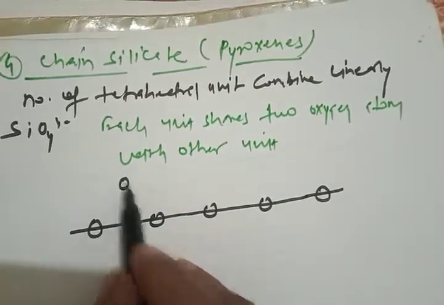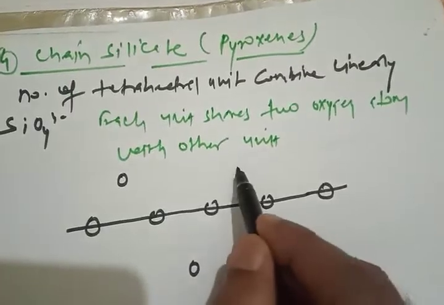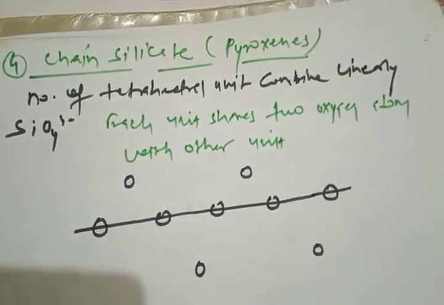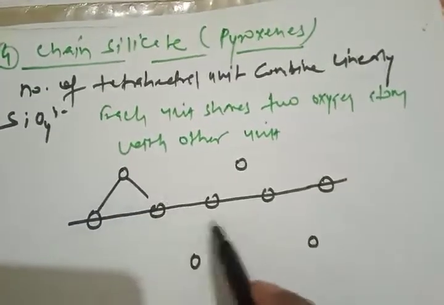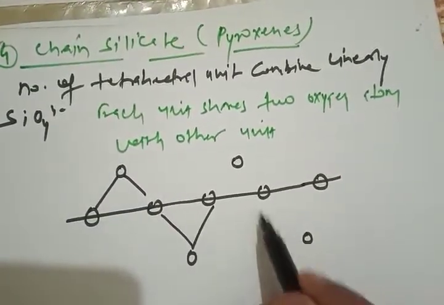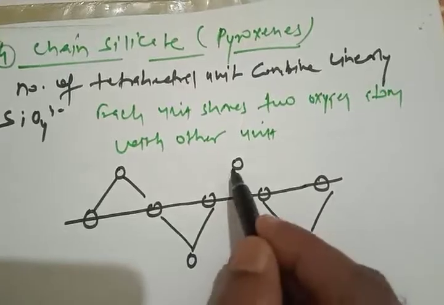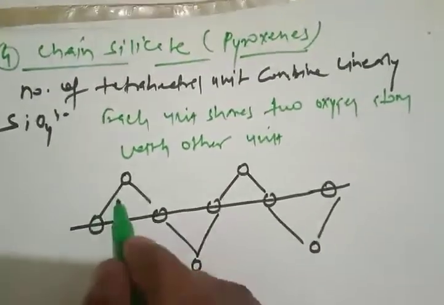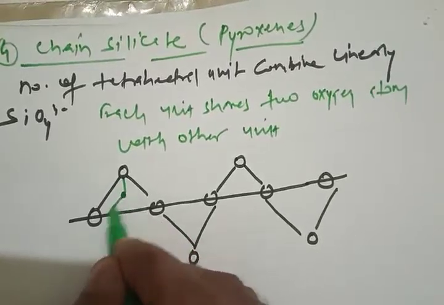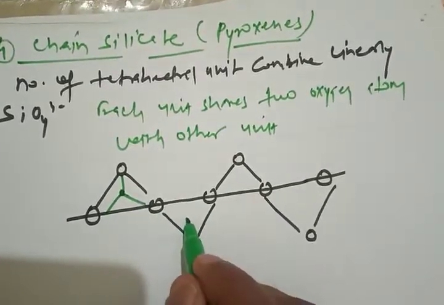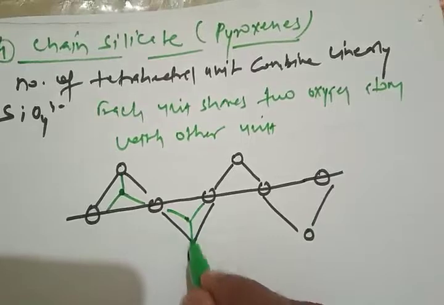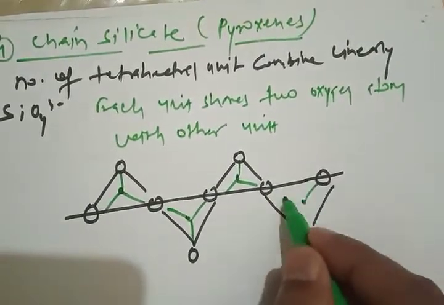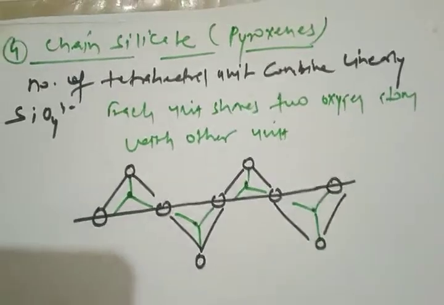One oxygen here, another oxygen here, another oxygen here. Then combine this one. Then we'll go for the silicon. So this is simple.